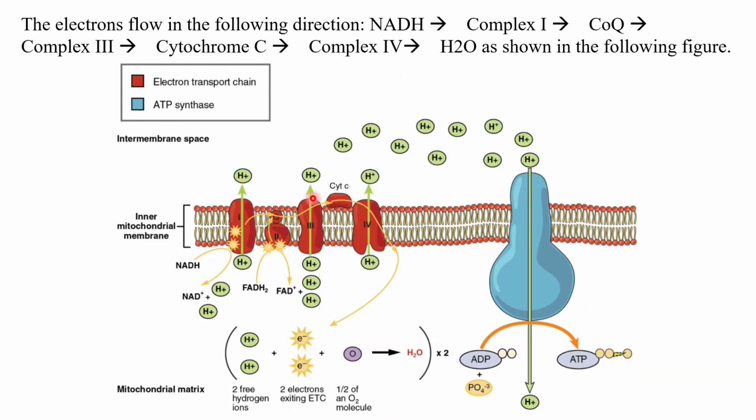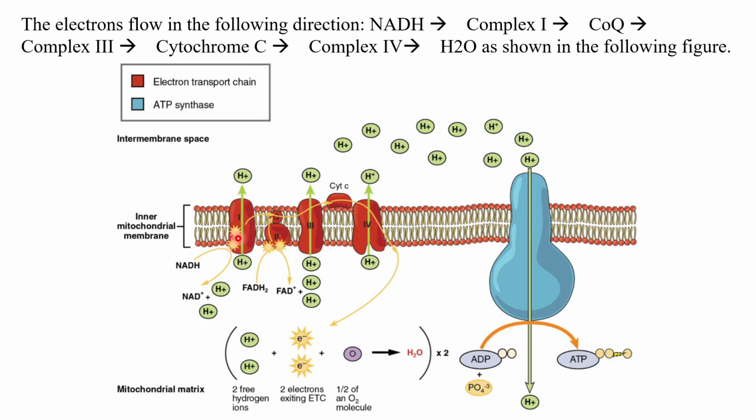The concentration of protons outside is much higher than the concentration of protons on the inner side. Okay. So, once NADH is transferring electrons to complex 1, simultaneously it is pushing the protons out of the membrane system.